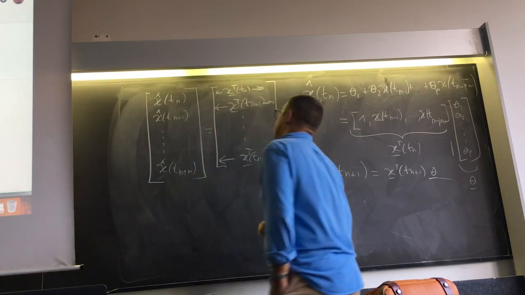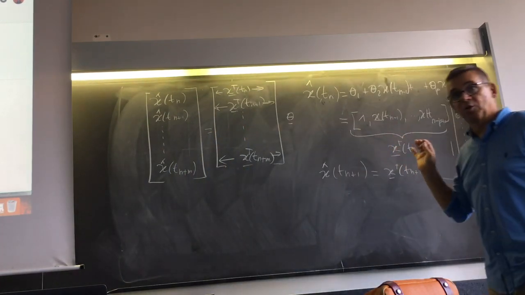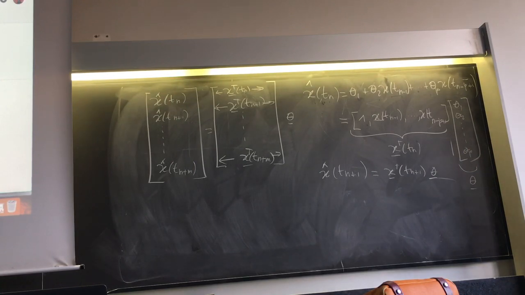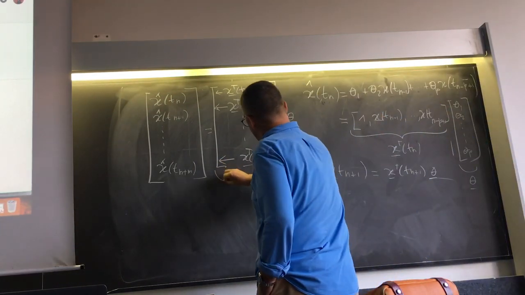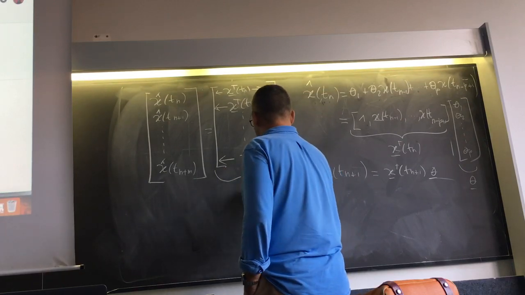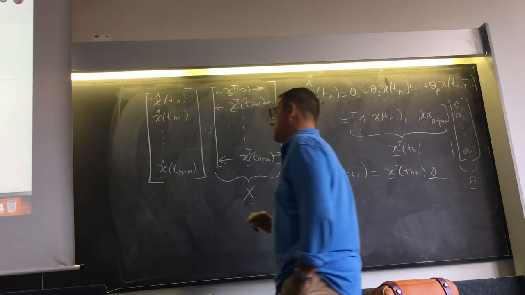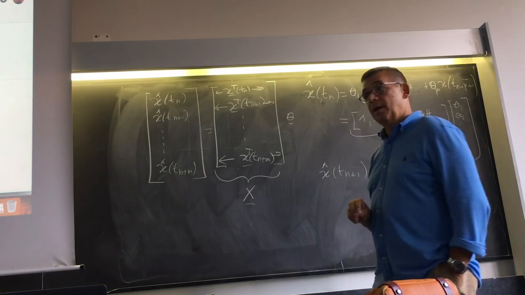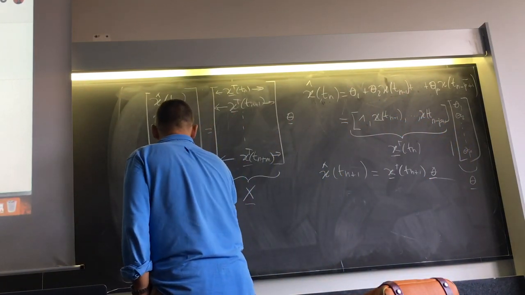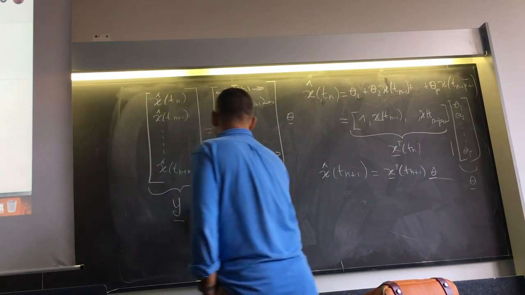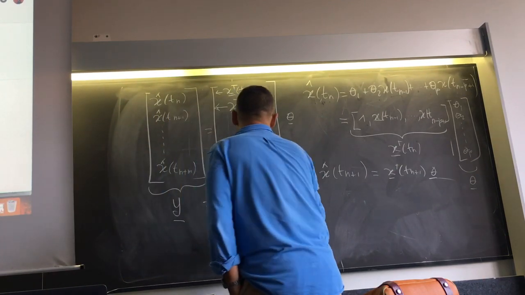Everything multiplied by theta. Theta is my unknown. Okay? Now, this is a big matrix X. And this one is the predicted value of y. So y is equal to x times theta.